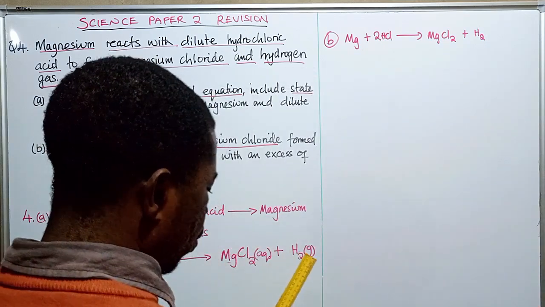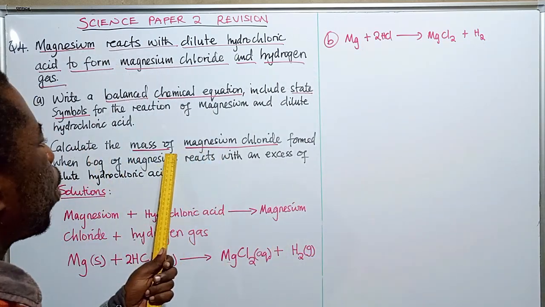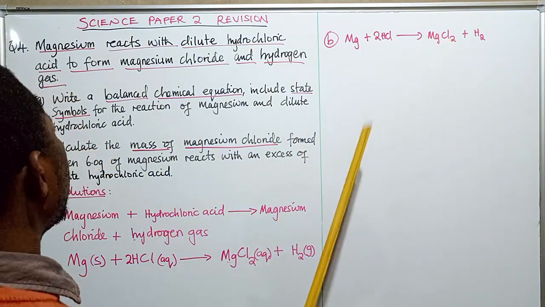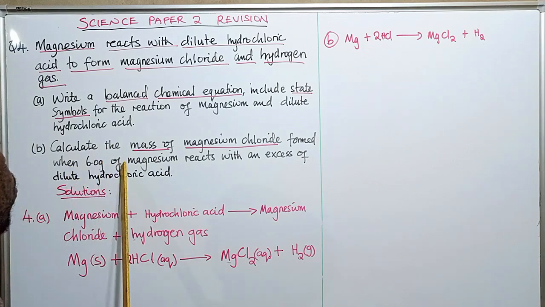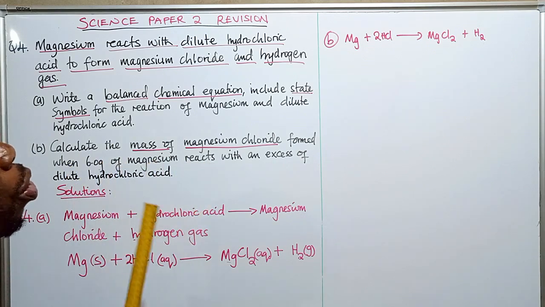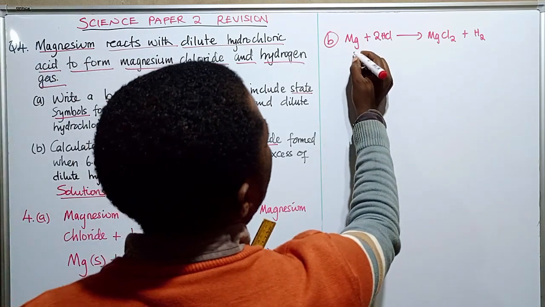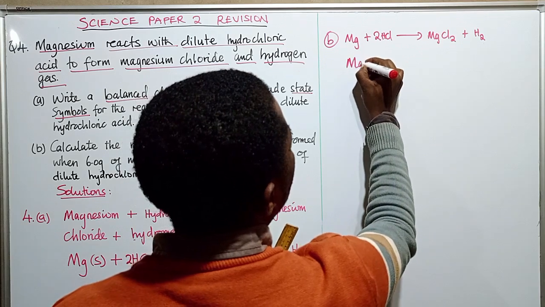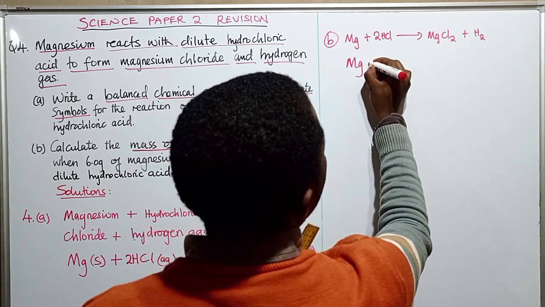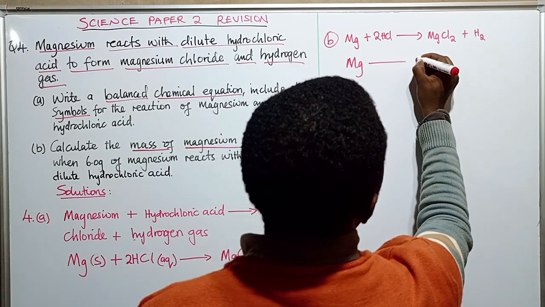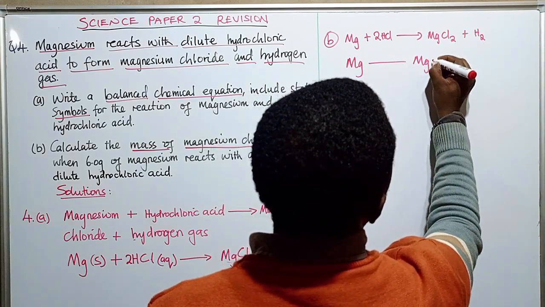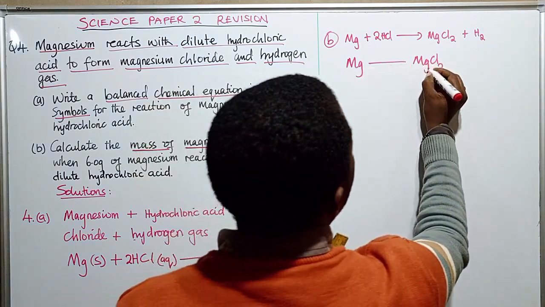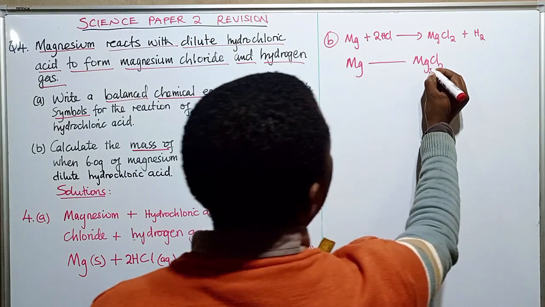So then they told us to calculate the mass of magnesium chloride formed when 6.0 grams of magnesium reacts. So you have now magnesium 6 grams. They have given you magnesium, then they are asking you to find the mass of magnesium chloride. That's how you connect it.